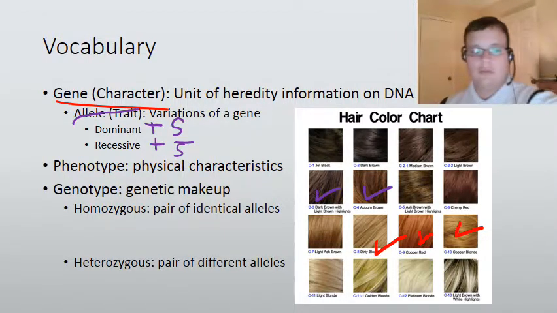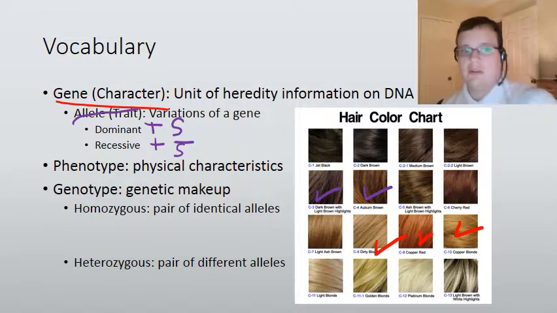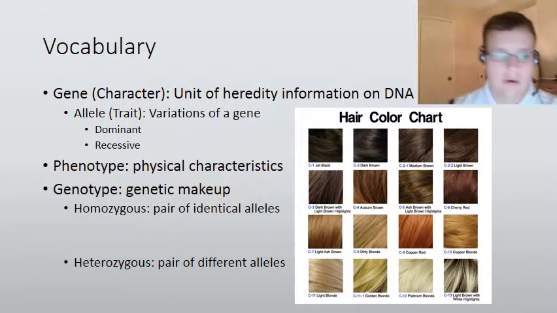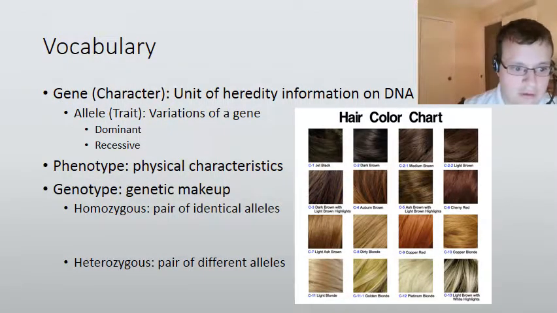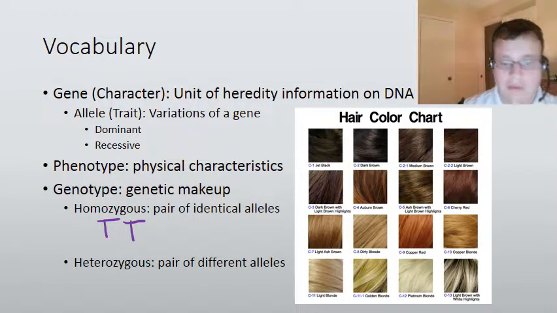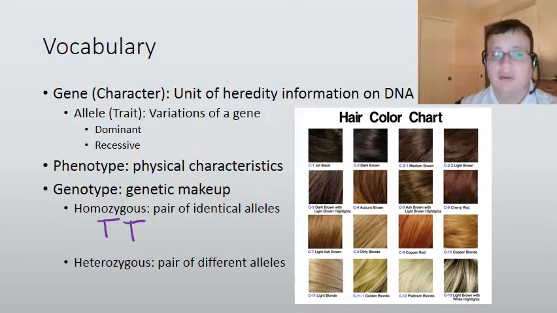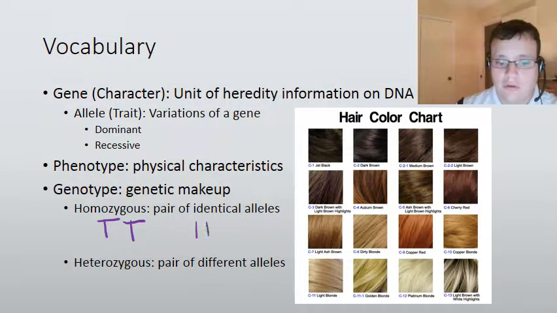And so there are two different types of homozygous. There are what I like to call homozygous dominant, and that's where you have two uppercase T's. Alleles always come in pairs. They never ever do not come in pairs. You can have homozygous recessive, so this would be two lowercase t's.